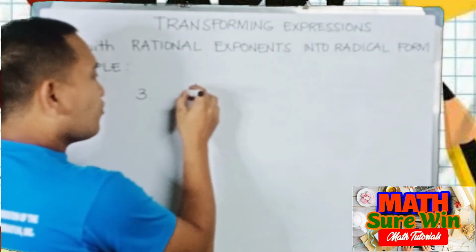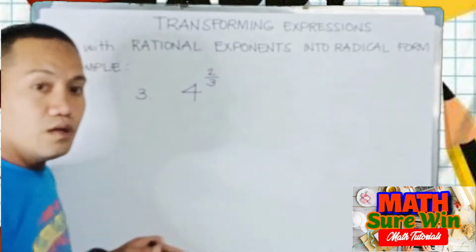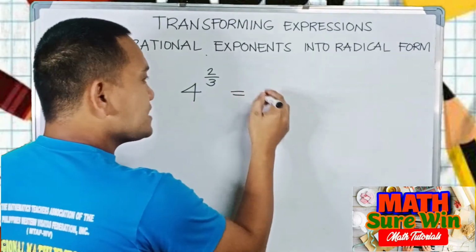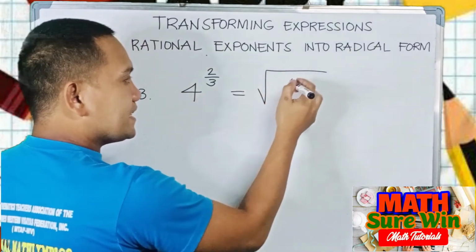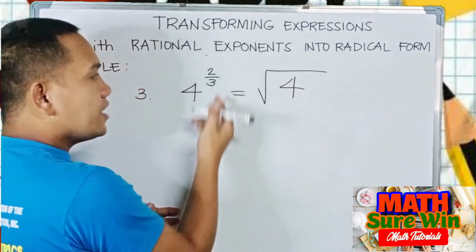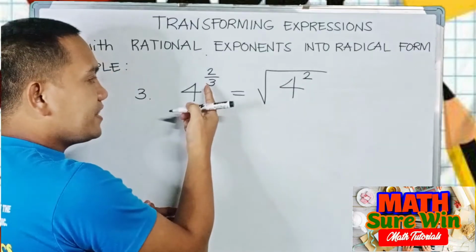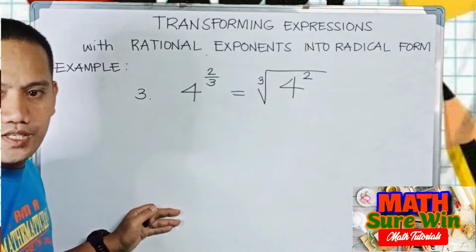So if we have 4 raised to 2/3, this expression can be written into radical form as our base will be the radicand, the numerator will serve as the exponent of our radicand, and the denominator will serve as our index.